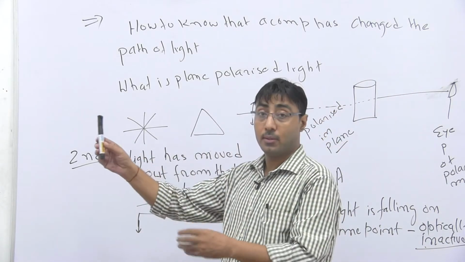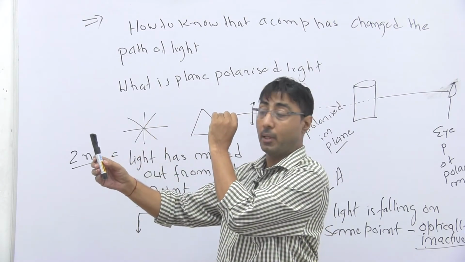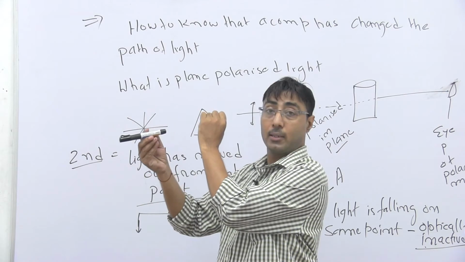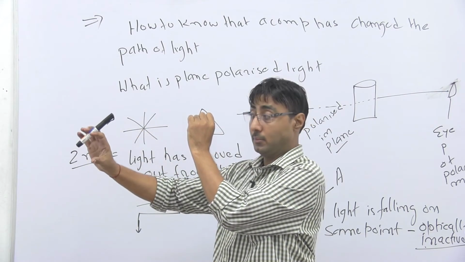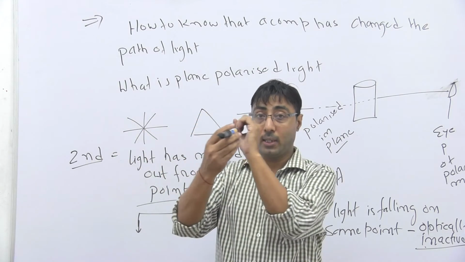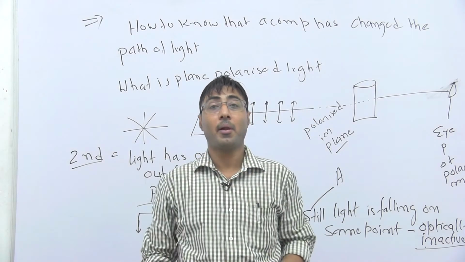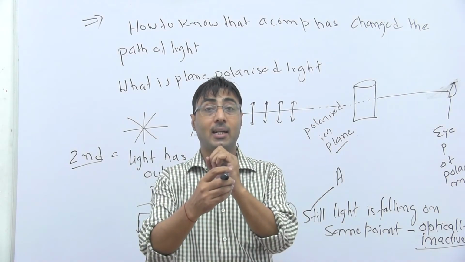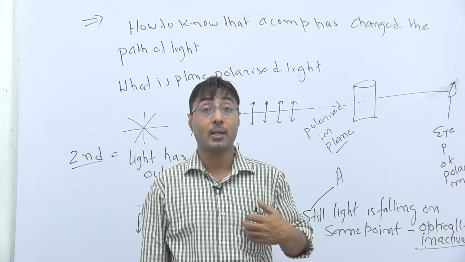This is the light which is plane polarized, and this is the eyepiece of the polarimeter. Suppose light is falling like this. I kept a solution here, and again light is falling at the same point. If light is falling at the same point, then the compound is considered an optically inactive compound.